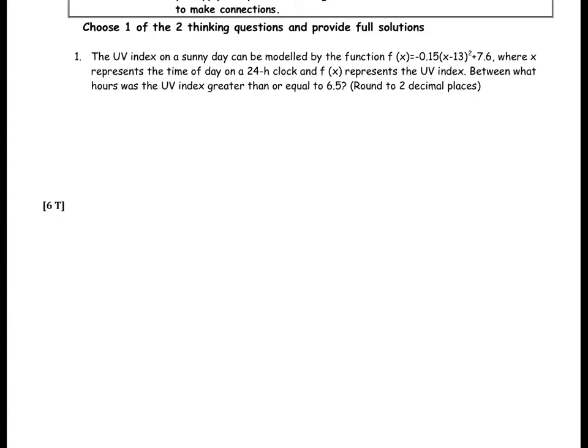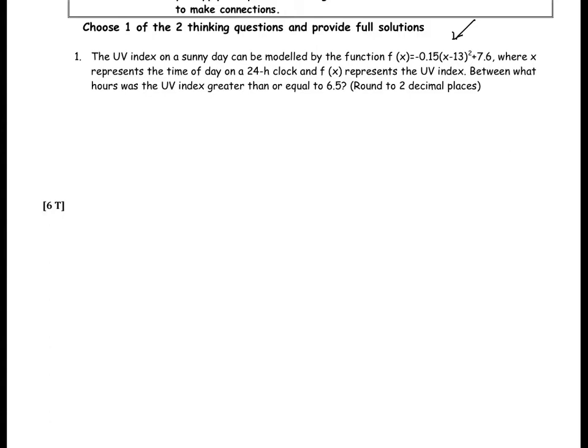The first question was: the UV index on a sunny day can be modeled by this equation, where x represents the time of the day on a 24-hour clock and f of x represents the UV index. We are supposed to find the time of the day that the UV index is greater than or equal to 6.5.